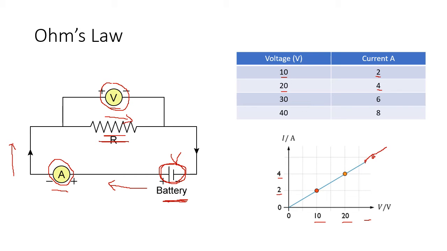Yes, it is a straight line. So here you can observe that the voltage and the current are directly proportional. What does it mean? It means as you keep on increasing the voltage, the current increases simultaneously. So what is the rate of the increase in current as we increase the voltage?